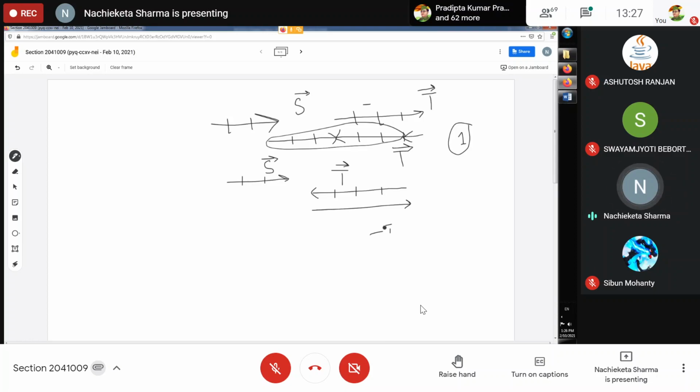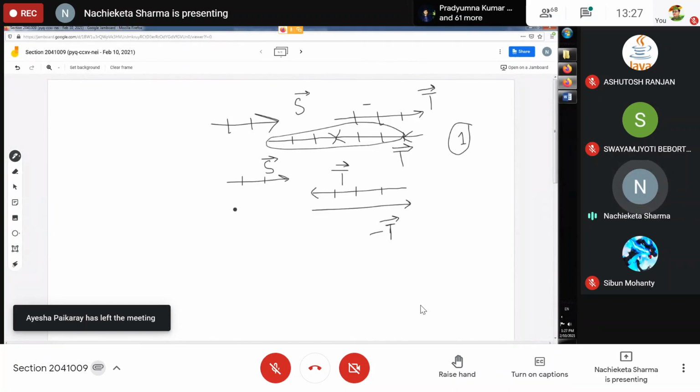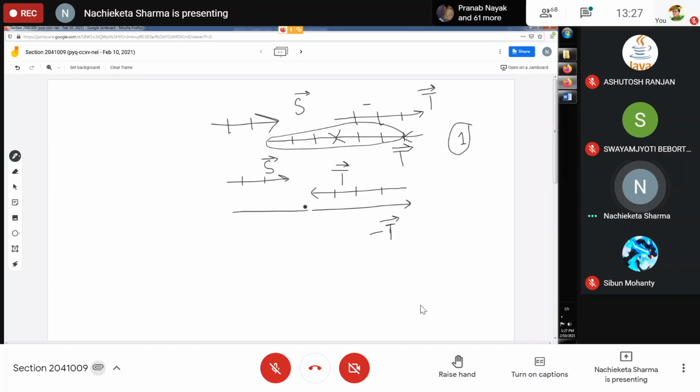Now, in order to find S minus T, I must add my S vector with the minus T vector. So 1, 2, 3, then 1, 2, 3, 4. So 1, 2, 3, 4, 5, 6, 7. So I get 7. So the magnitude of S minus T can never be less than 1 and can never be more than 7.